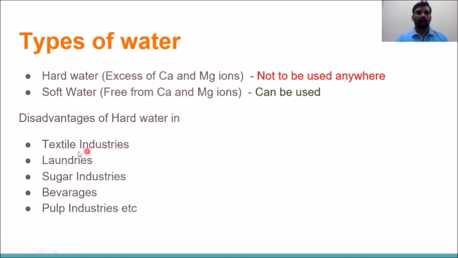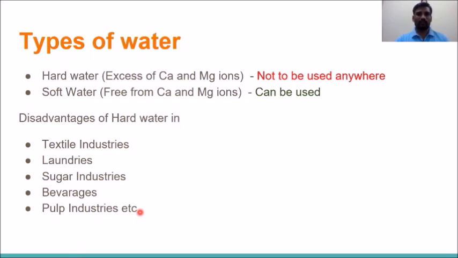Here we have the disadvantages of hard water in different industries, namely textile industries, laundries, sugar industries, beverages, and pulp industries, etc. What will happen in the textile and dyeing industries? The actual specification required for the textile industry is that the water should be free from iron and manganese salts, and also free from calcium and magnesium salts.